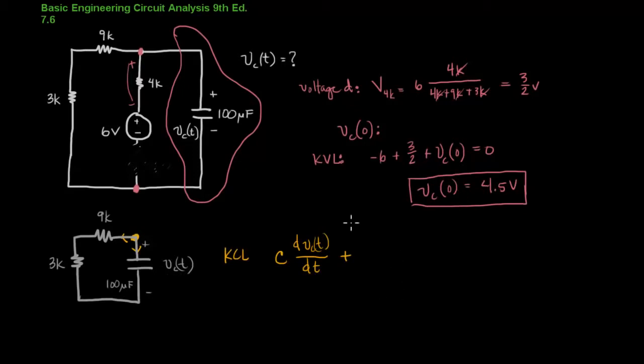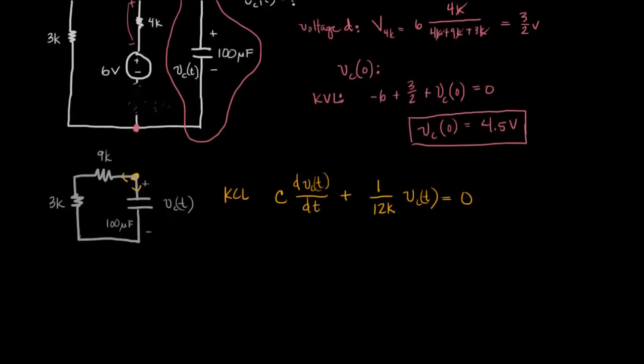Divided by our resistance. So to get this looking a little bit closer, I'm going to pull the resistance out. Remember, it's V over R, so I'm just going to say 1 over R. And that's 9 plus 3 is 12, times Vc(t). Okay, and that's a KCL equation, so that equals 0.